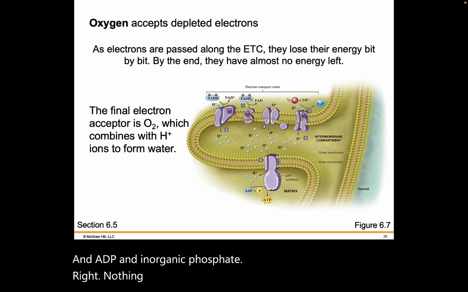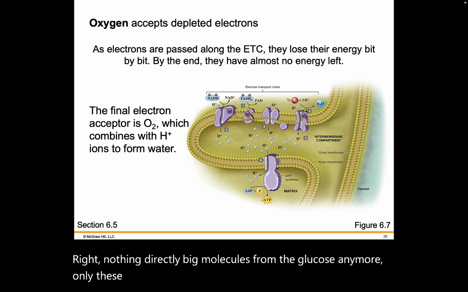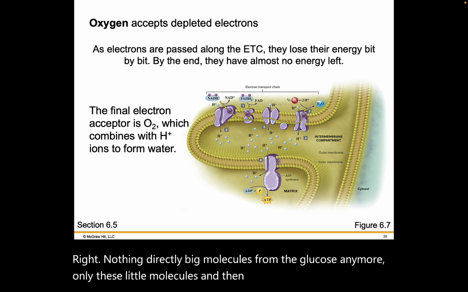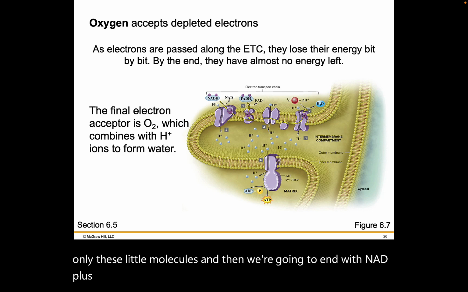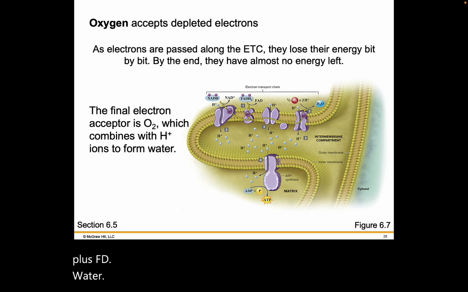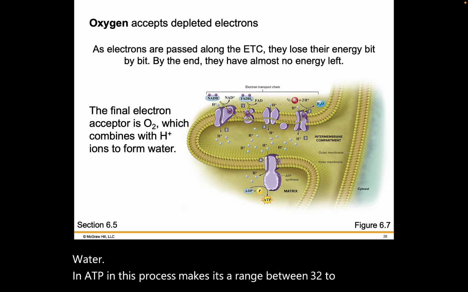Nothing directly big molecules from the glucose anymore, only these little molecules. And then we're going to end with NAD+, FAD, water, and ATP. And this process makes, it's a range between 32 to 34 ATP per glucose molecule.